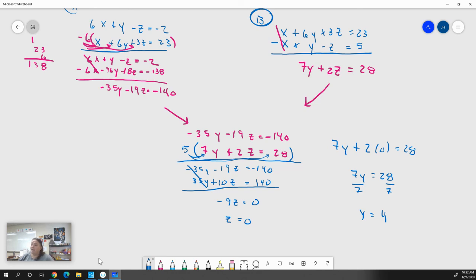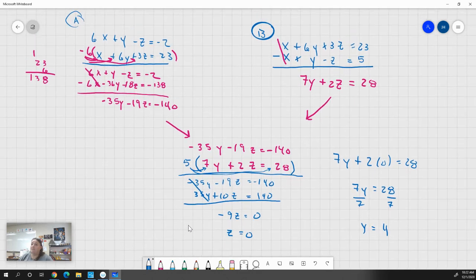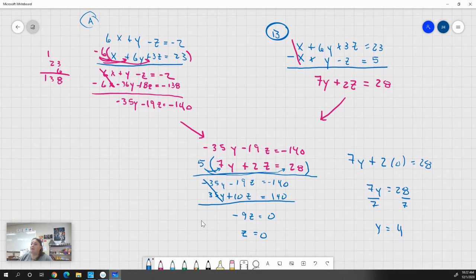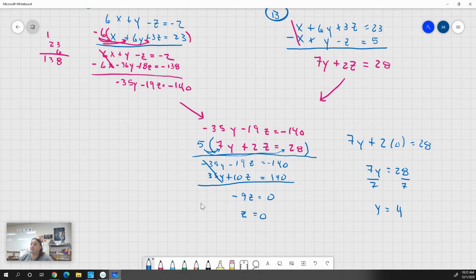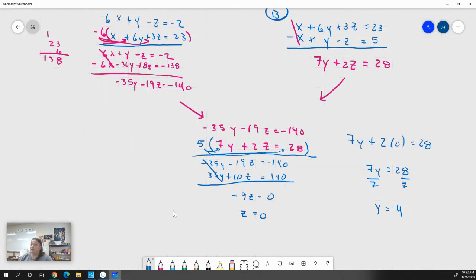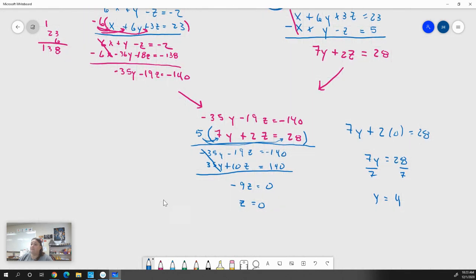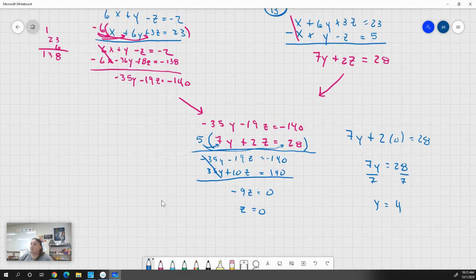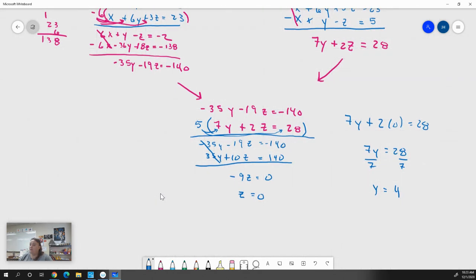So what do I have? I have z and I have y. The only thing I'm missing is x. And so I can take any of my original equations and I can plug it in there and I can solve for x. So let's go with minus x plus y minus z equals 5.